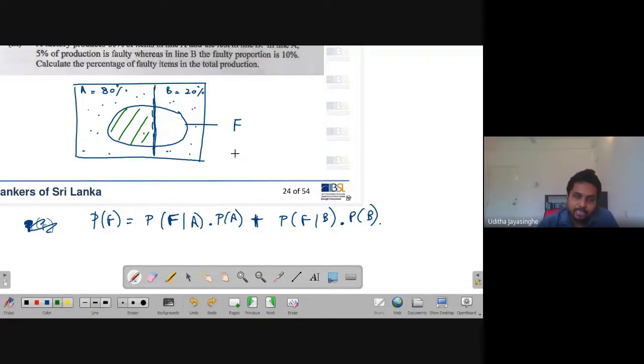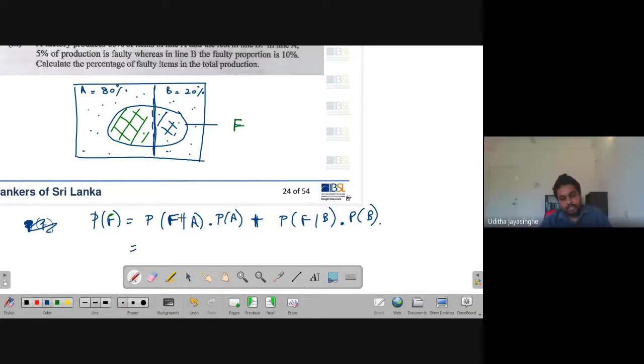Rather, the faulties are given so that the conditionality could be applied here. So eventually what I'm writing is probability of faulty, bringing in two areas together: this area plus this area. So I can fill up the gaps.